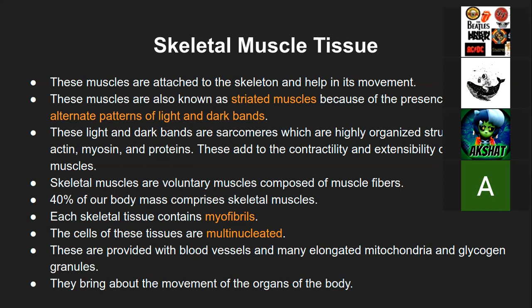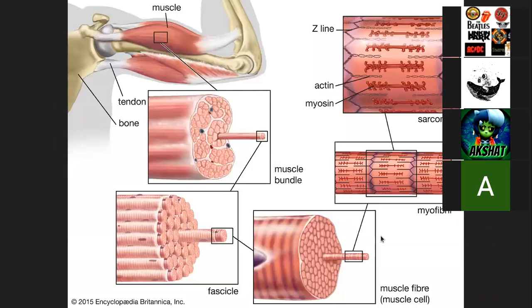And they have a relatively larger number of mitochondria, right? Yes, that is also correct. Around these myofibrils or around this muscle fiber, there is a large network of endoplasmic reticulum, which is called sarcoplasmic reticulum, right?